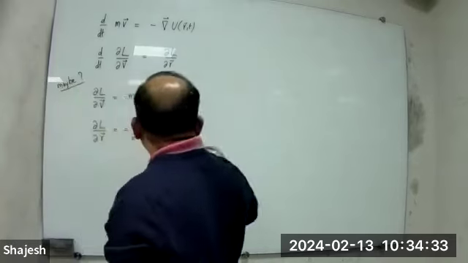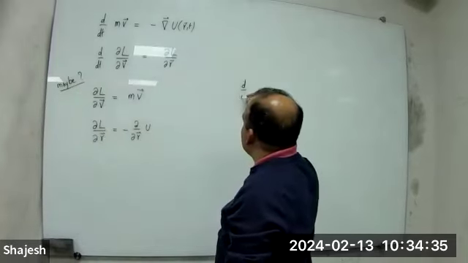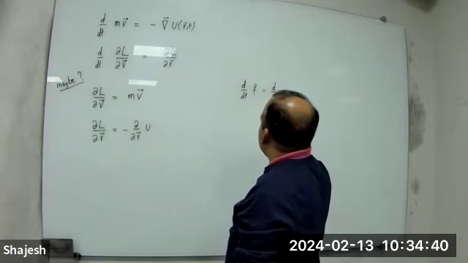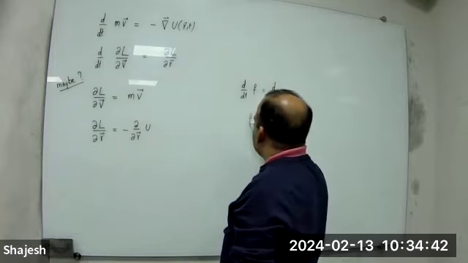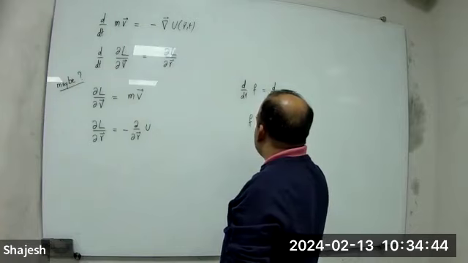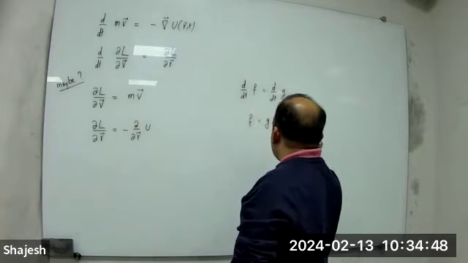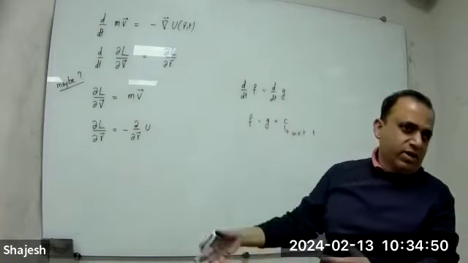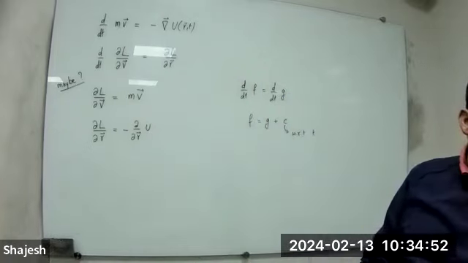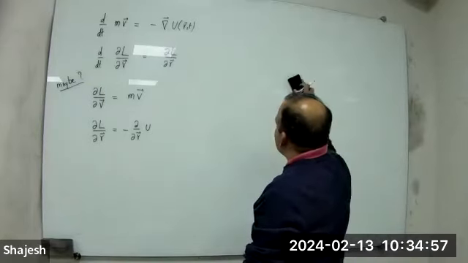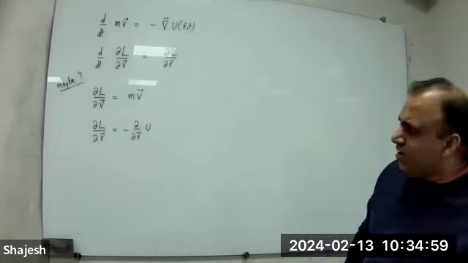So if I say d by dt of f is equal to d by dt of g, then probably f is equal to g plus a constant with respect to time. Only with respect to time, it can have any other variable in it. That's the kind of conclusion I'm making.